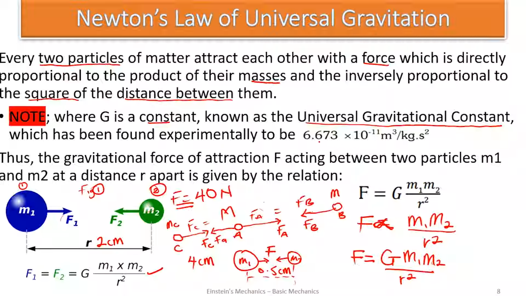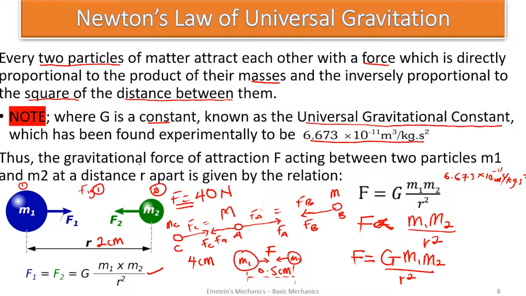So that's the value. It's a constant. So whether you are given it or not, you just have to know this constant, the universal gravitational constant G, 6.673 × 10^-11 m³/(kg·s²).